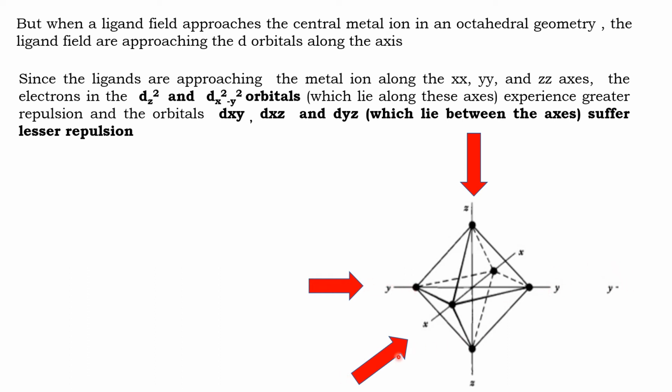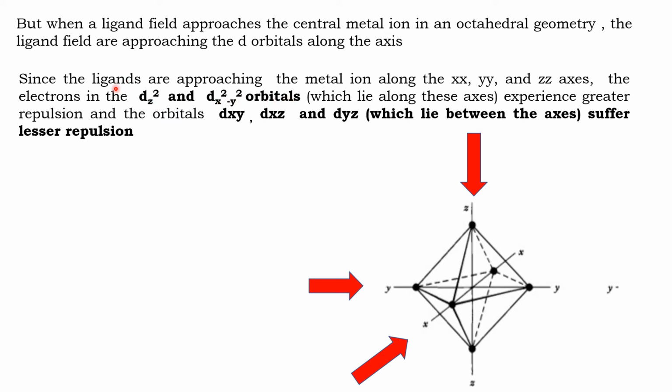Another two ligands are coming along the X axis. So the ligand fields are approaching the central metal ion placed here along the axis, and repulsion occurs. To whom? The orbitals having electron density along the axis. Which are the orbitals present along the axis? dz square and dx square minus y square.